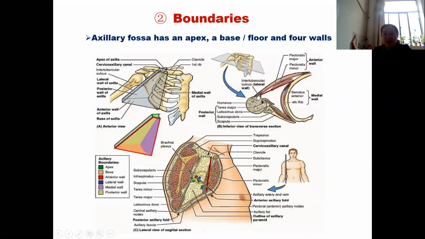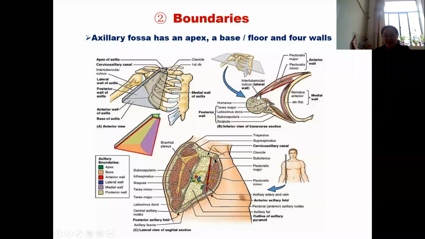So from here we see these four walls: anterior wall, posterior wall, medial wall, and the lateral wall. And if we cut from this one, this is a sagittal section.